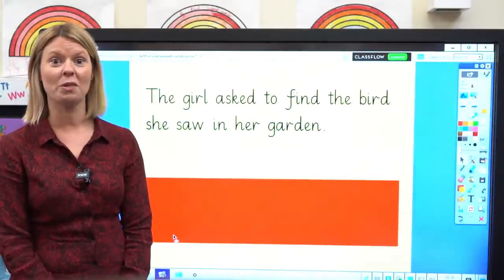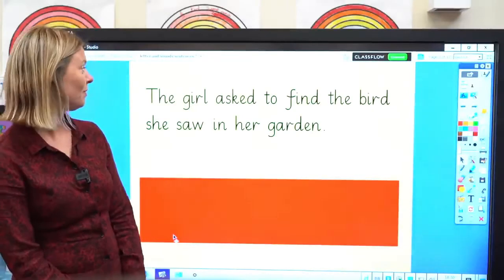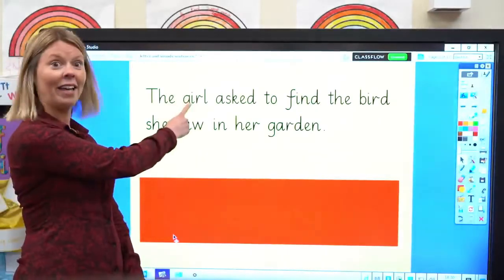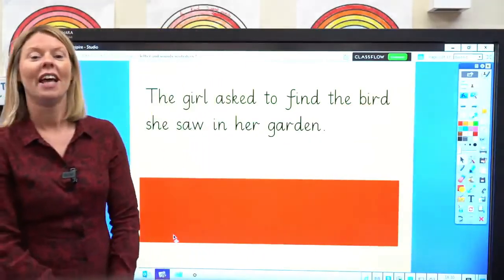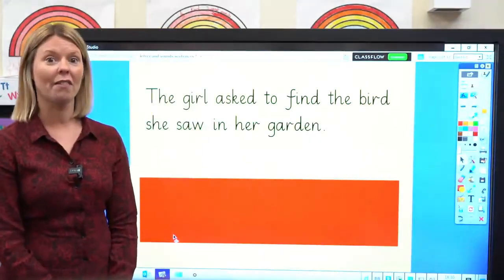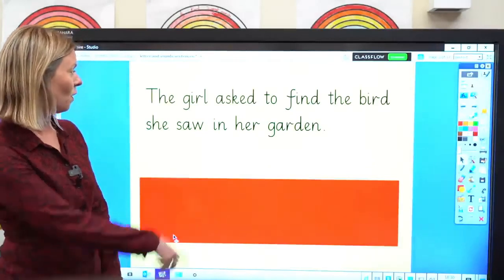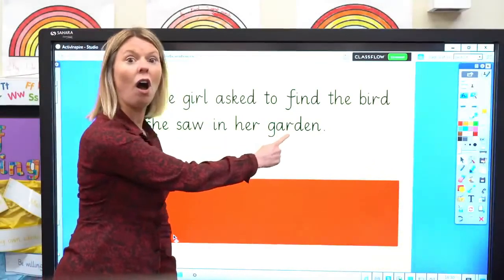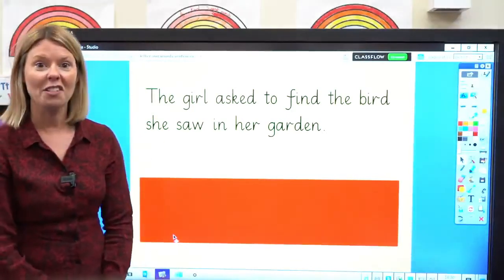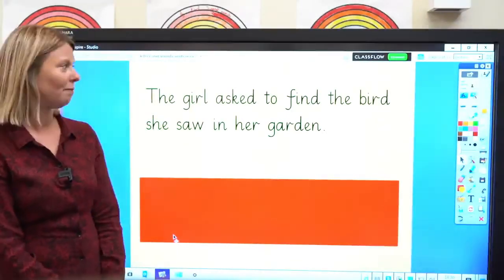Can you see any words with today's grapheme here and here? Can you see any other words with digraphs? Or, and are? Can you see the tricky word we read today?